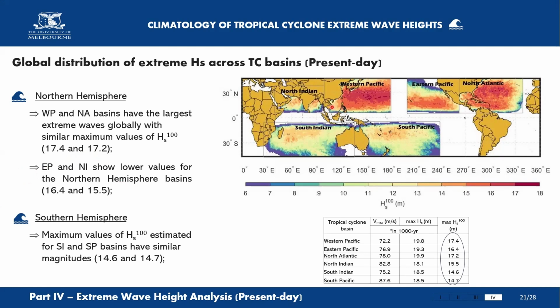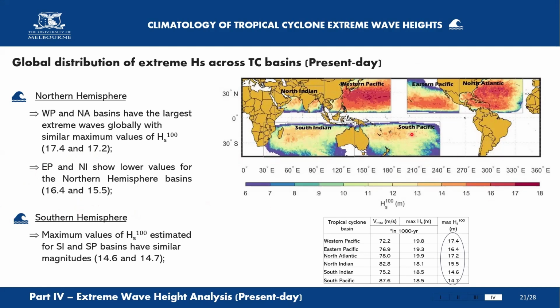Eastern Pacific and North Indian show lower values for this hemisphere, with 16.4 meters for Eastern Pacific and a maximum HAS 100 of 15.5 meters for North Indian.